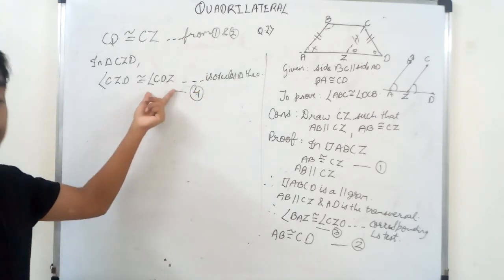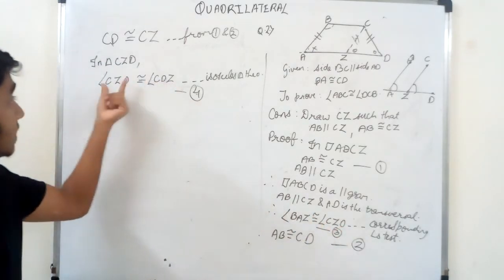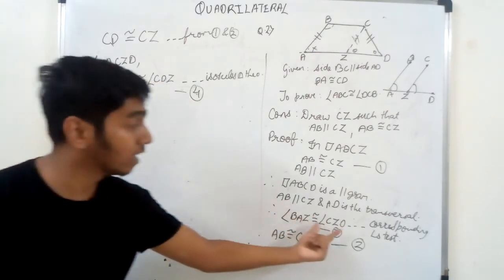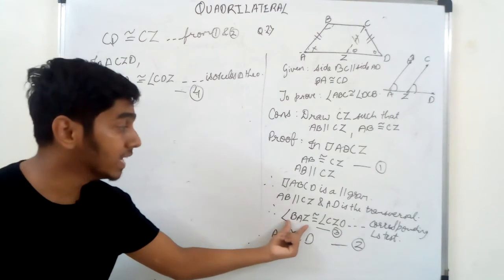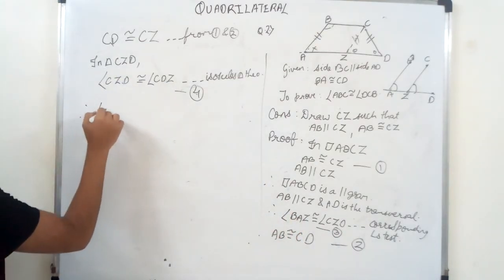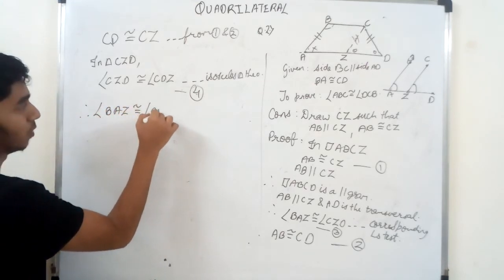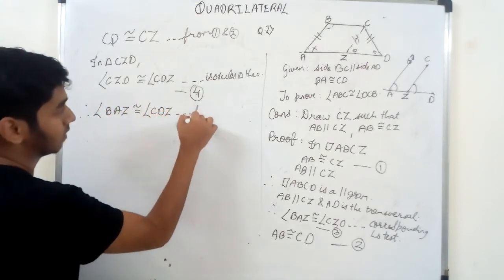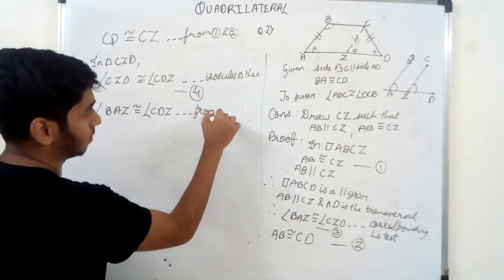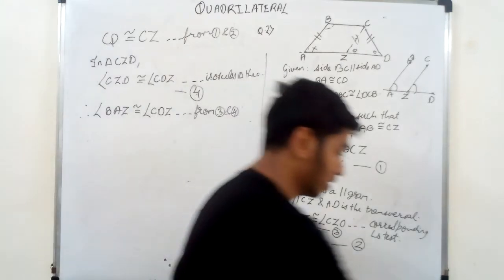Now if you see from 3 and 4, can we get CZD, CZD? They both are there in both of them, correct? So BAZ can be congruent to CDZ, therefore BAZ is congruent to CDZ from 3 and 4. Yes or no?